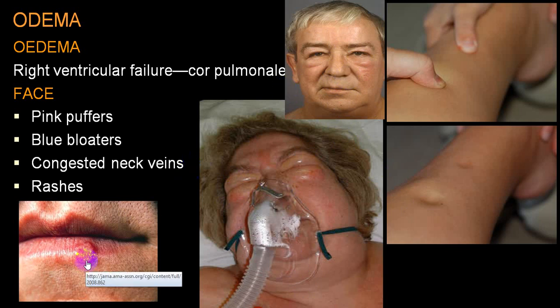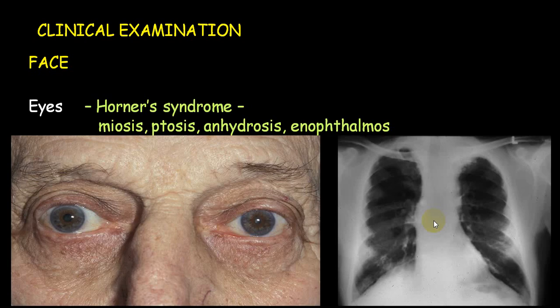These are aphthous ulcers or ulcers on the lips. This is pitting edema. You have to look for all these findings, and as far as the pupil is concerned, you can look for Horner syndrome, that is miosis, ptosis, anhidrosis, and enophthalmos. We will discuss this when we discuss CNS in detail.